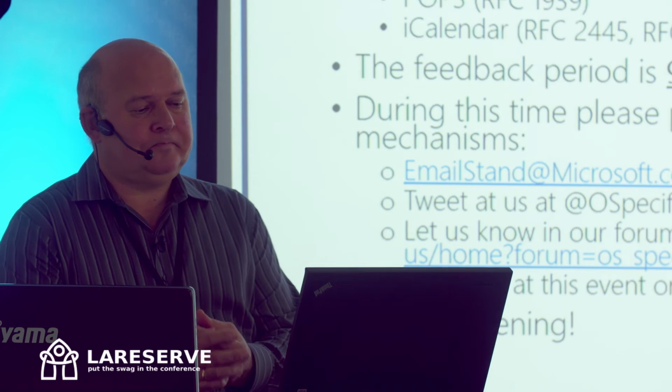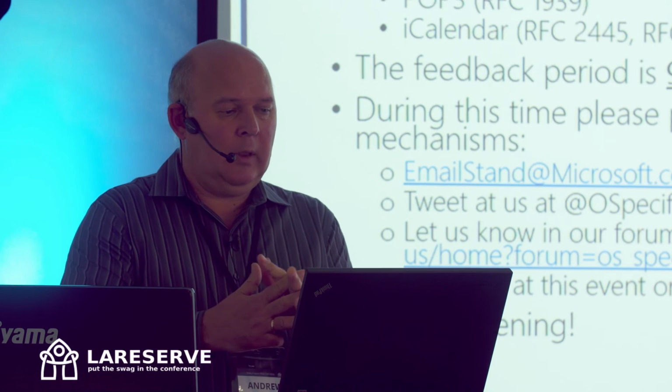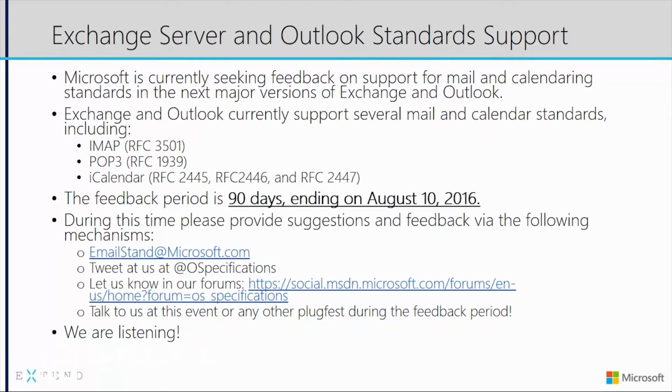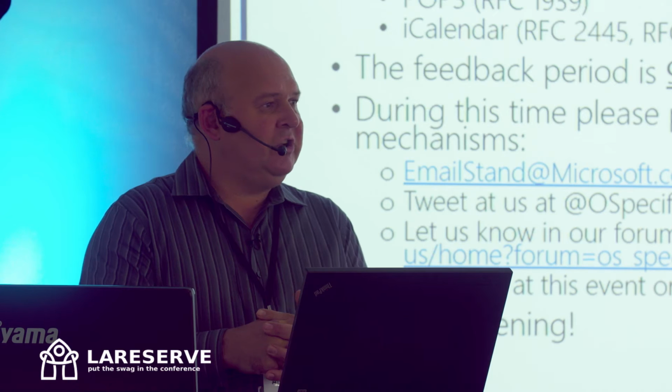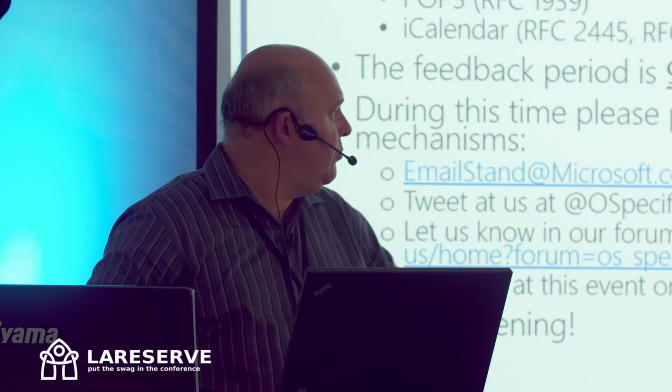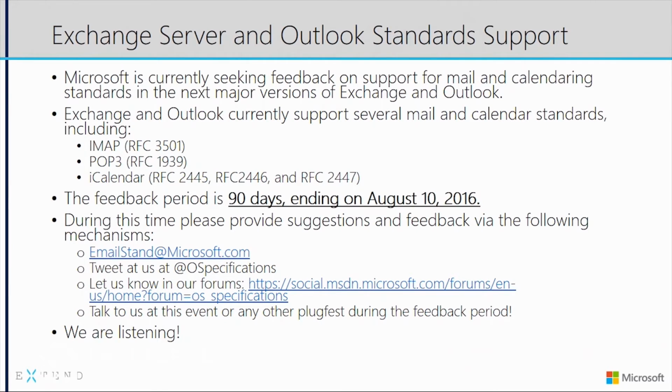Finally, we ask you to provide feedback. This is an important part of our release conditions. And Exchange and Outlook support standards. We support IMAP, POP3, and three standards in iCalendar RFCs.